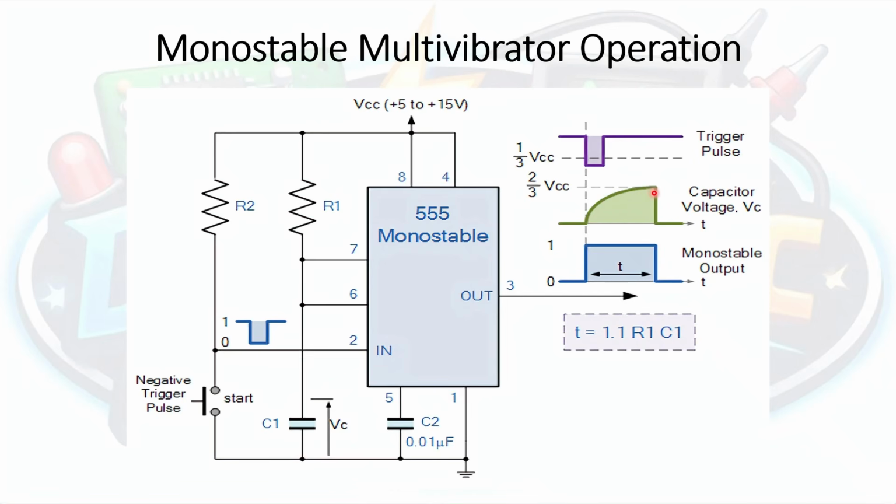Once the capacitor voltage reaches around 2/3 of VCC, the supply voltage, the capacitor will start to discharge immediately, which will put the LED in its off state. So the LED will be on during the charging of the capacitor, and it will be off once the capacitor starts discharging right away.